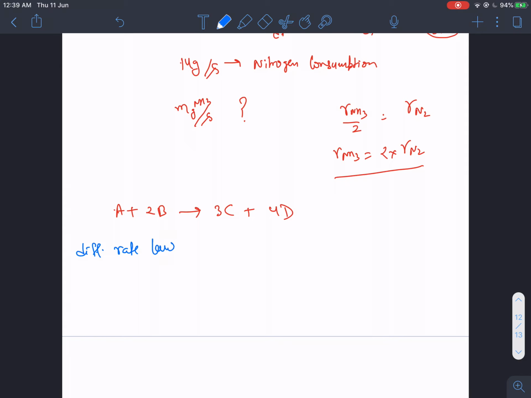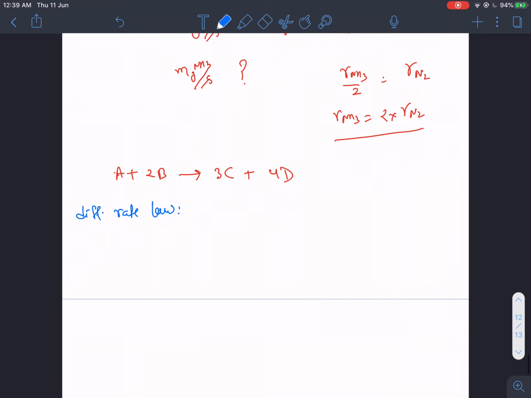So the differential rate law is: rate of reaction is dx/dt, and that is equal to -d[A]/dt, that is equal to 1/2 times -d[B]/dt. With a reactant always use the minus sign, with a product use the positive sign.